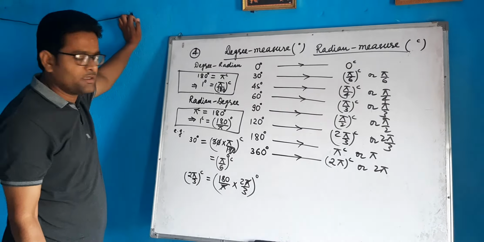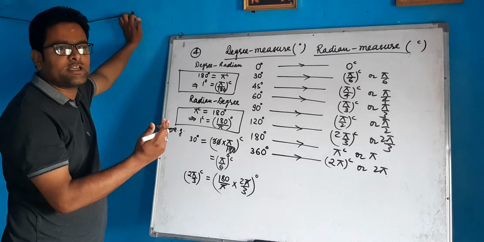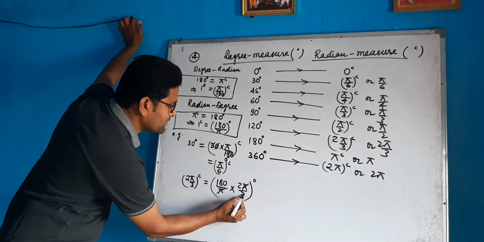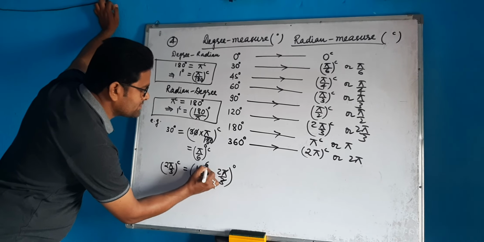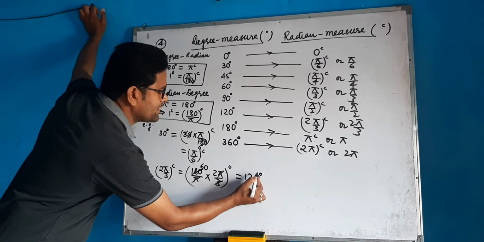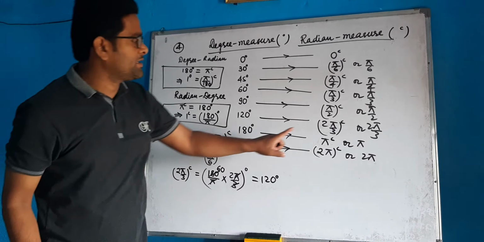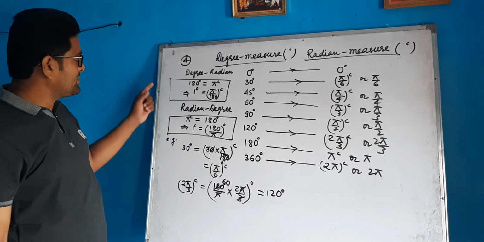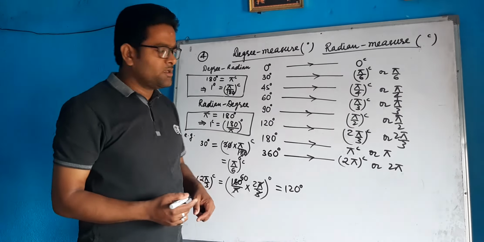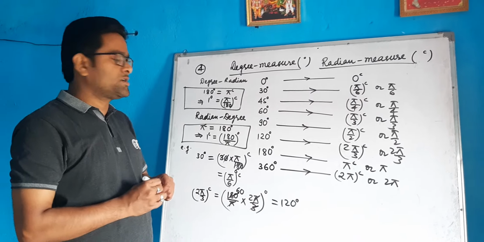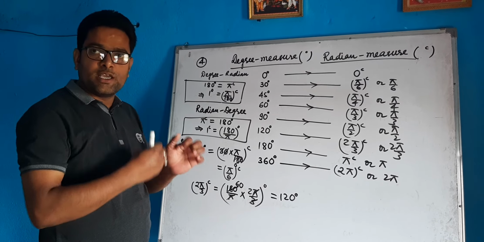Then what will you do there? We have to change degrees into its smaller units. I will explain in the next example. So it is 60 into 2, that is 120 degrees, and you can easily check 2 pi by 3 radian is there for 120 degrees. So in this way, simple angles we can check. Now in my next example I will show you how to convert a complex angle in radians into degrees.